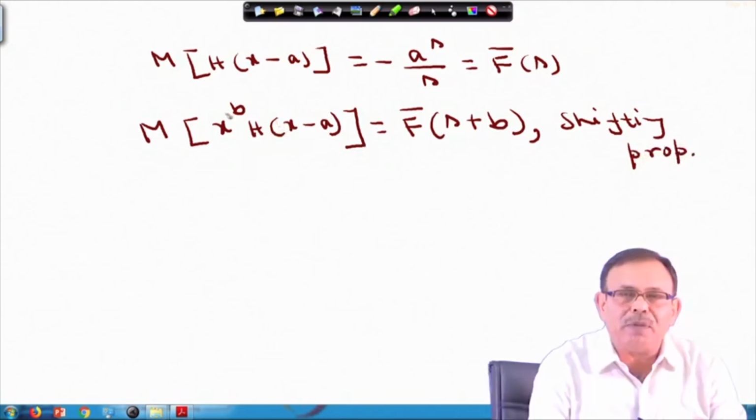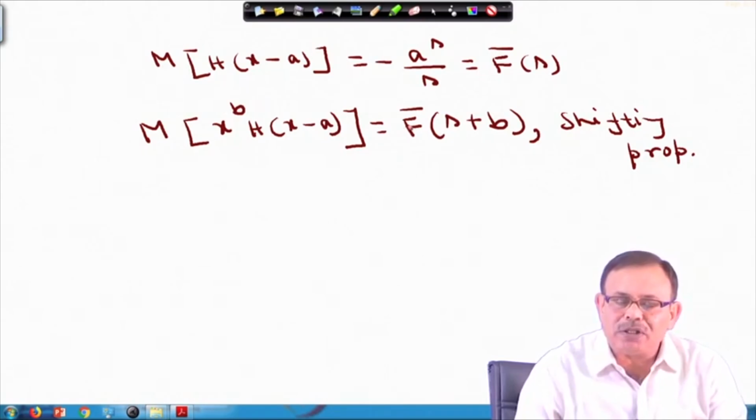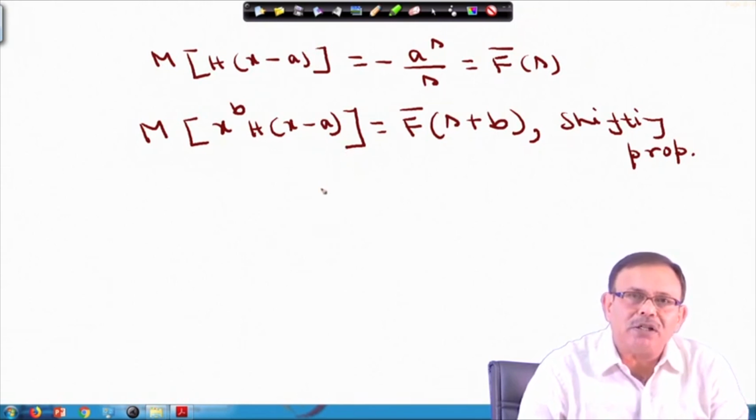If I know that the Mellin transform of the Heaviside function h of x minus a is minus a to the power s by s, which equals f bar s say, then the Mellin transform of x to the power b h of x minus a, we can directly write down using the shifting property as f bar s plus b.